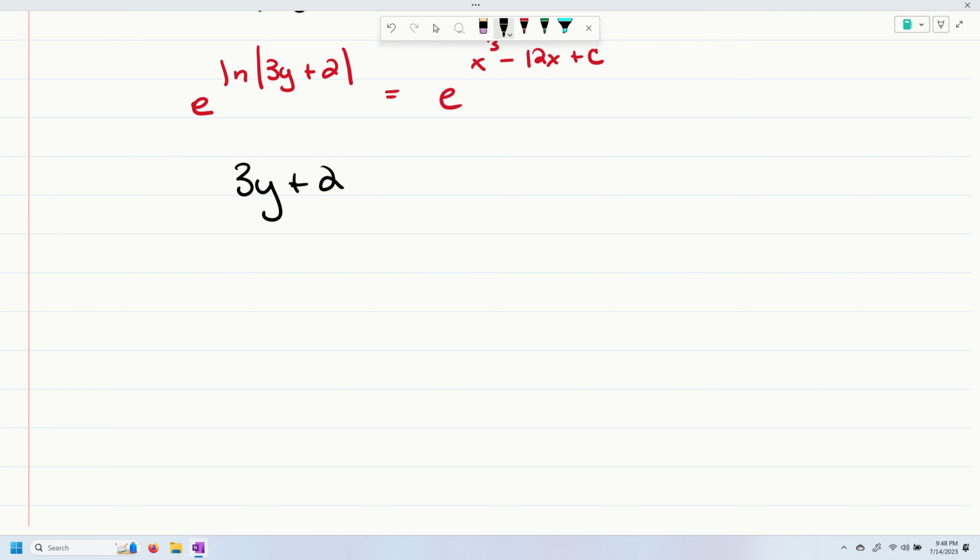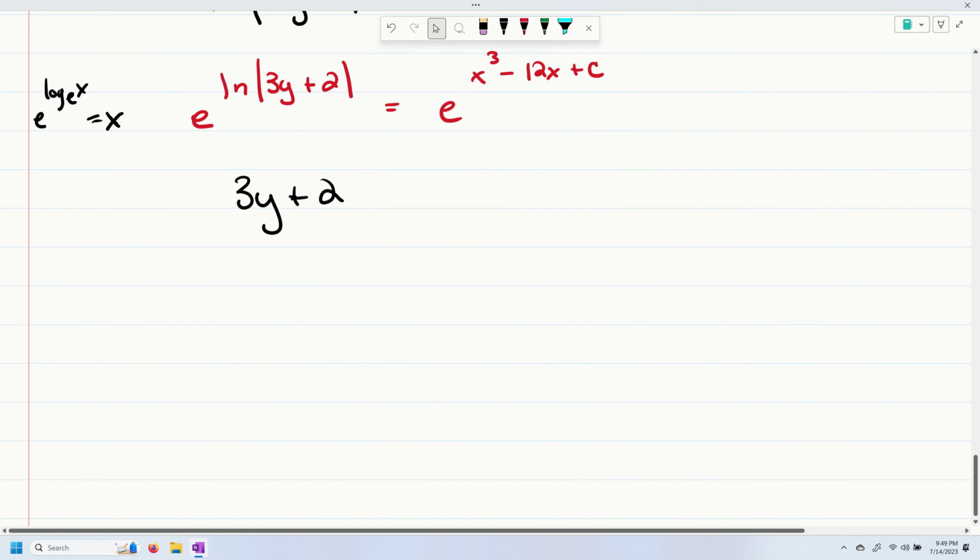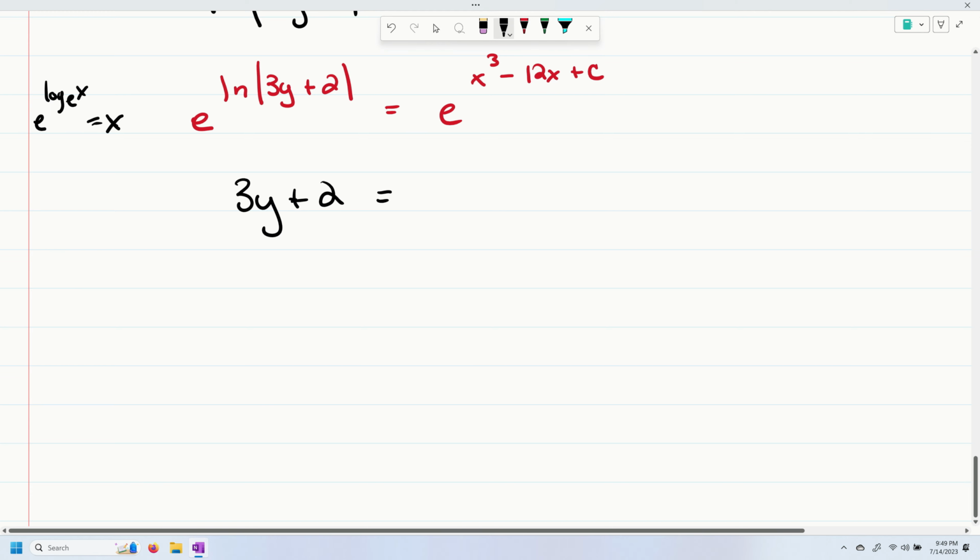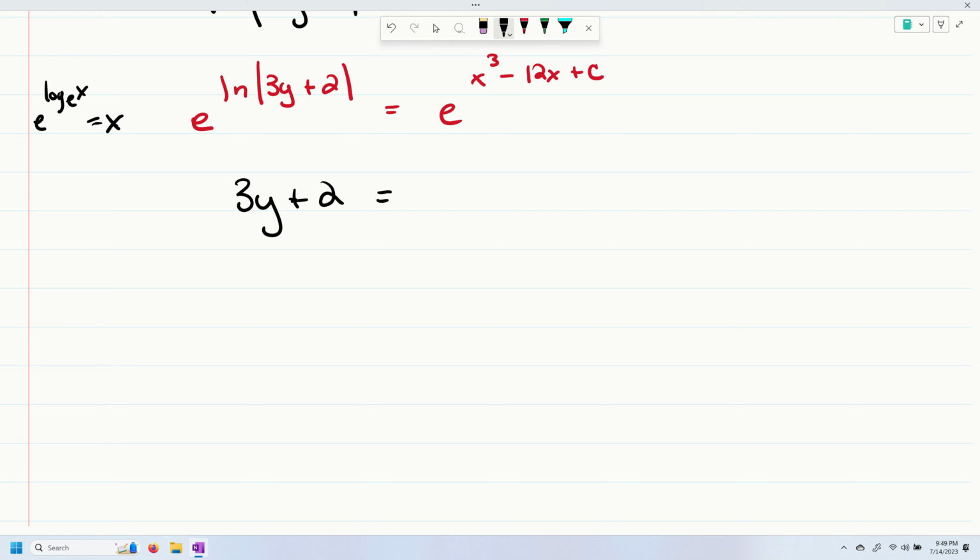Remember your properties for logs. E to the log base e of x is equal to x. So it's the same thing here. Nothing changes there. That's a property that you would have learned back in pre-calc. And then on the right-hand side, I am going to leave it like this for now. We're going to fix that in a second.